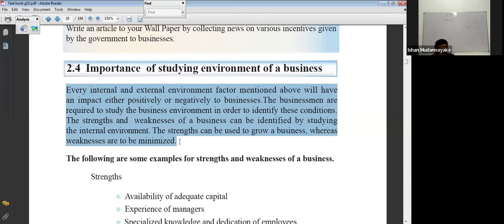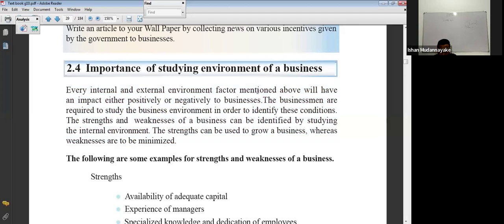Right over here, every internal and external environment factor mentioned above will have an impact either positively or negatively on businesses. The businessmen are required to study the business environment in order to identify these conditions.